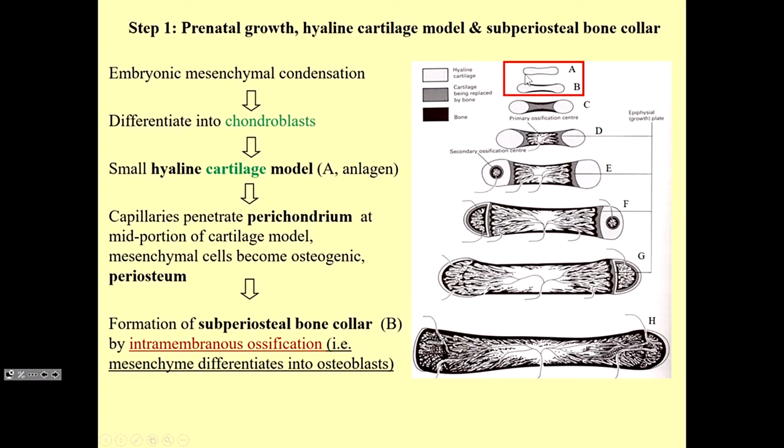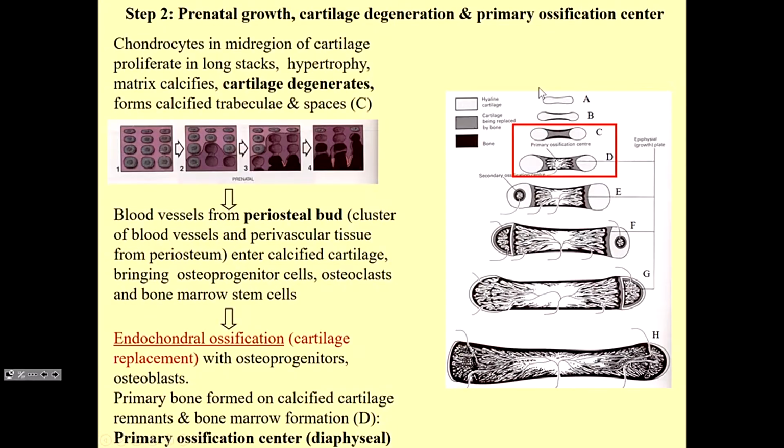So we've had a template of cartilage. Cartilage came first, then we have a collar formed around the cartilage. Then what happens is we have endochondral ossification. So the cartilage that is trapped now within the bone collar is invaded by a blood vessel or vessels, and then we start to get cartilage replacement.